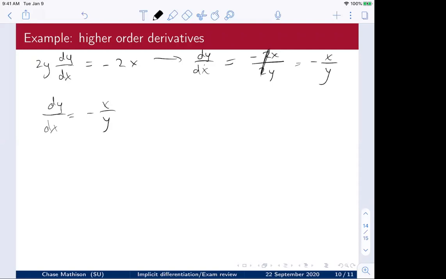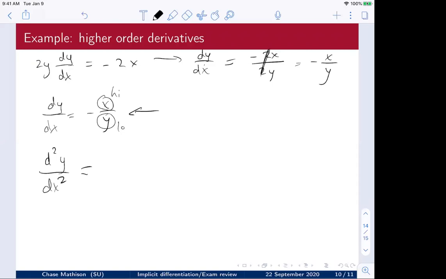All right, now how do I find the second derivative of y with respect to x? Exactly, yeah. I'm just differentiating this, right? So I just need the quotient rule. Okay, so the quotient rule, I have a high of x and a low of y.